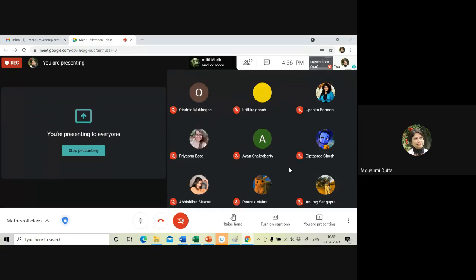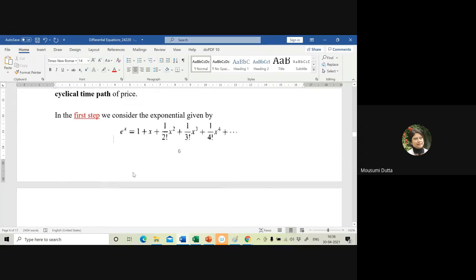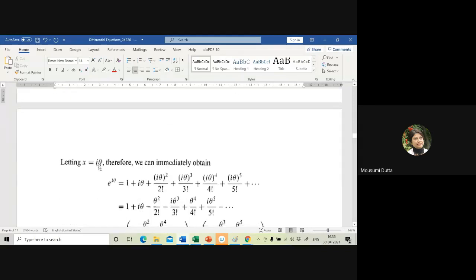Okay, you know this thing: e to the power x. Simple thing. Next, I am bringing an imaginary term. I am making x imaginary, so instead of x, I am writing i theta.